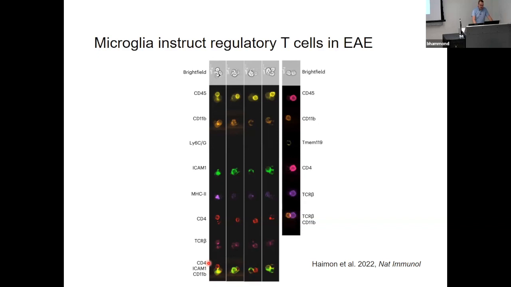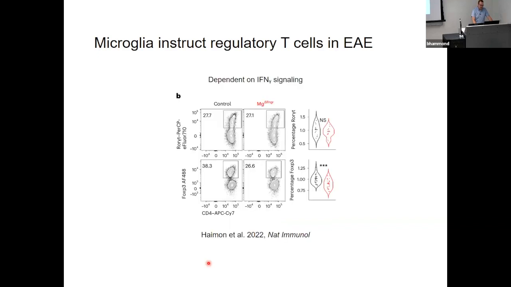And just on a similar note to the last paper where we were looking at interferon signaling in microglia, this particular interaction also appears to be dependent on interferon gamma signaling. So in these mice that have the interferon gamma receptor conditionally knocked out in microglia, we see a reduction in these CD4 positive T cells.